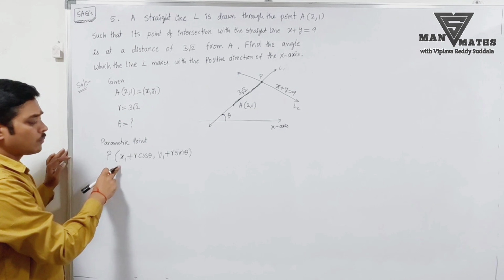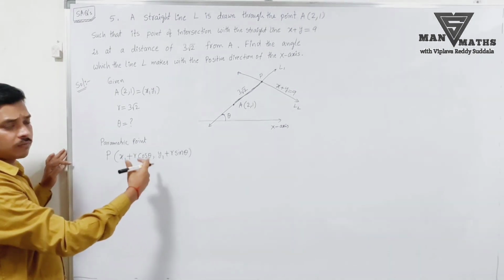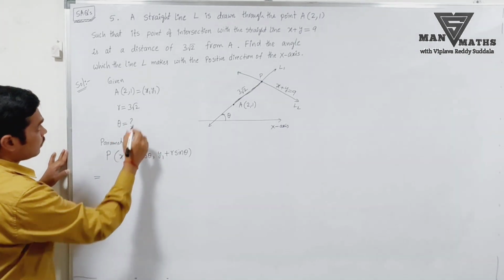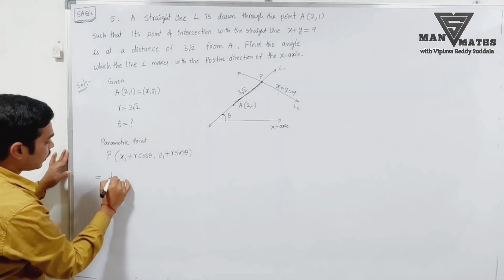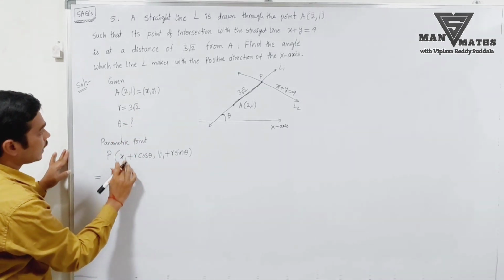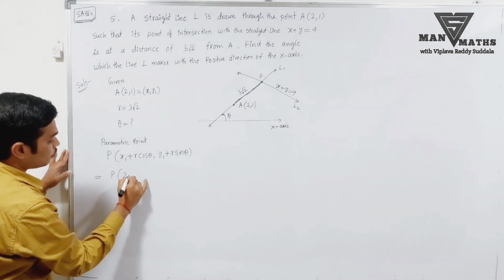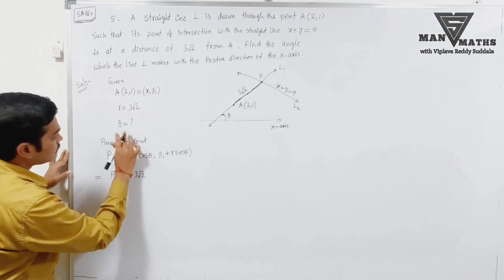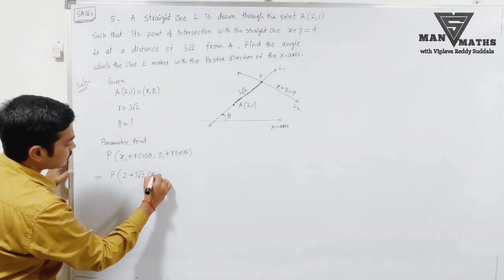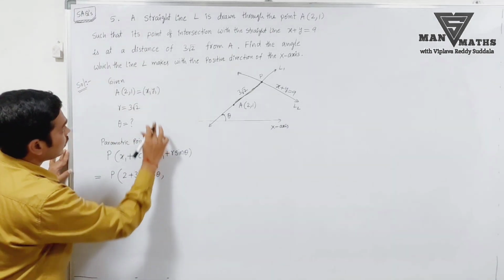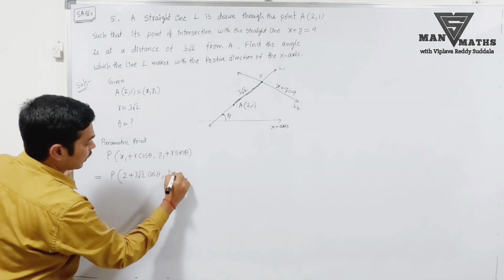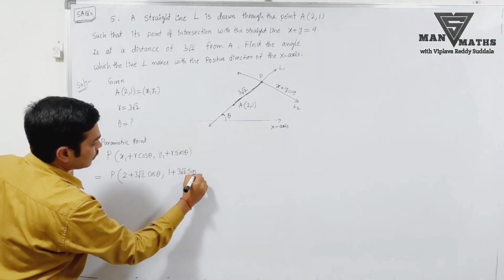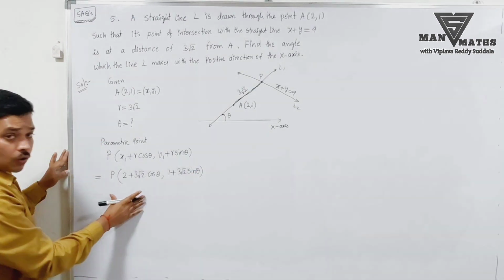Replacing these values, we get the P coordinates: x1 means 2 plus r value 3√2. We don't know the θ value, so take cos θ as it is. Comma, y1 means 1 plus 3√2 sin θ. This is the coordinates of P.